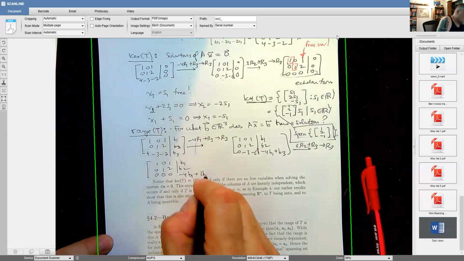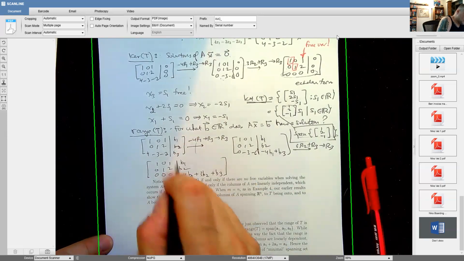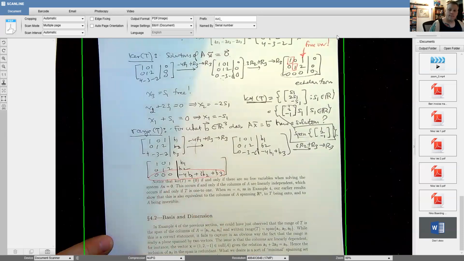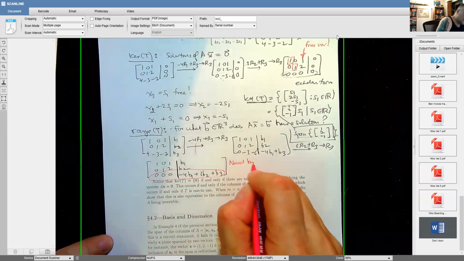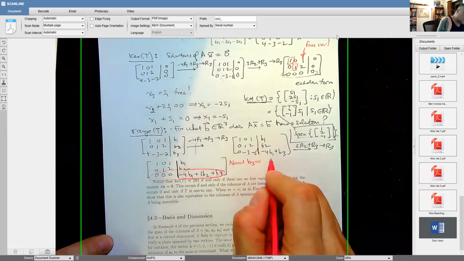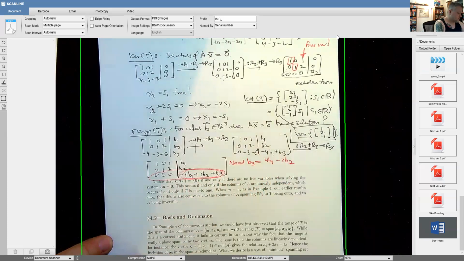So the condition will be, the only way this system is going to have a solution is if this doesn't produce a falsehood, right? And so we need this whole thing to be 0, which means we need B3 to be 4B1 minus 3B2. If that doesn't hold, you have a falsehood, and so the system doesn't have a solution, right?